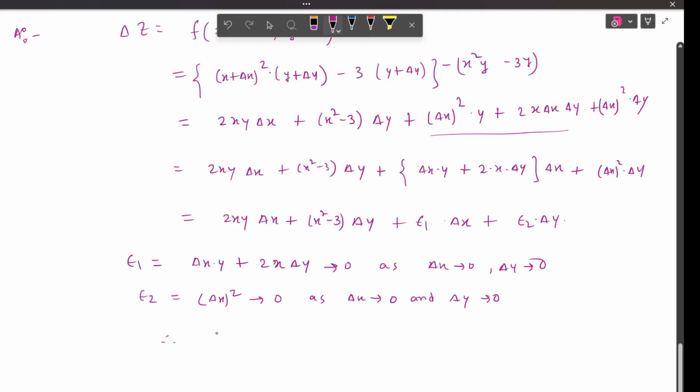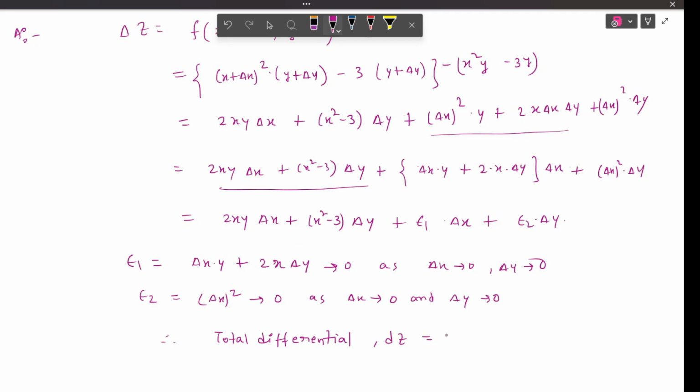So total differential is, we know this is the object and this would be only this thing. So 2xy delta x plus (x square minus 3) delta y.